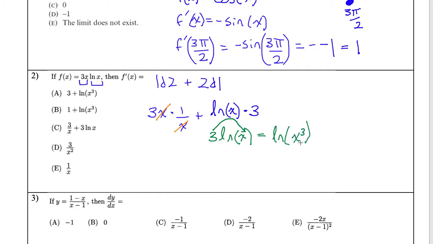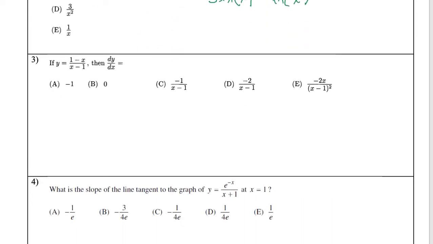It's just one of the rules of logarithms that you have to have down. If you ever are confused about logarithms, there is a handout that I gave out like one of the first days of school. It should be in your binder somewhere. You can go back and reference that. So this should be 3 plus the natural log of x to the power of 3, and there it is. It is A.